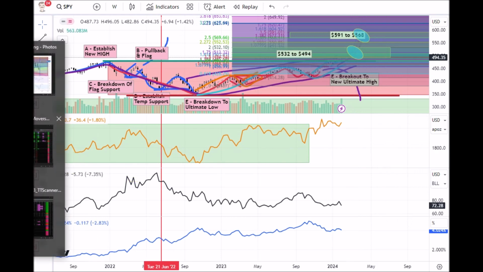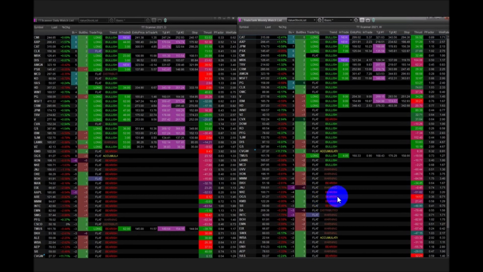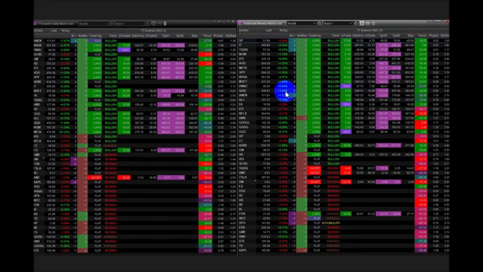Now pay attention to the TTScanner and the hot list. We're getting good triggers, okay? Caterpillar, AXP, MRK, indicating transportation and heavy equipment. We're getting lots of good triggers setting up. Take a look here. We got a new trigger in DWAC. We got a new trigger in FA, a new trigger in GGG.